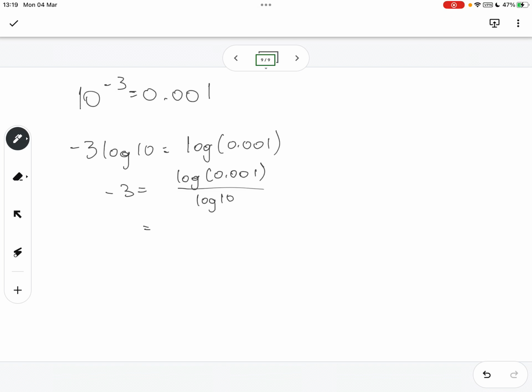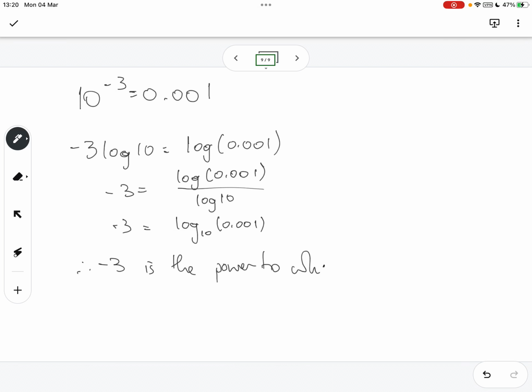Negative 3 equals log 0.001 over log 10, and that's log to base 10 of 0.001 is negative 3.